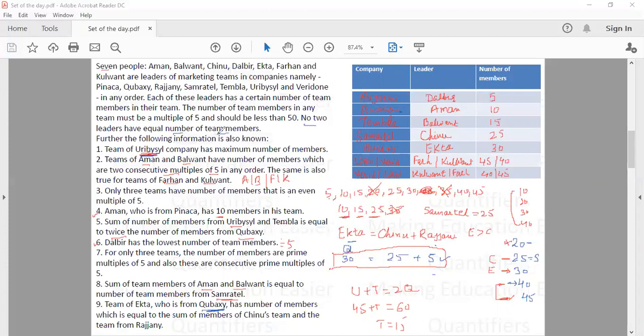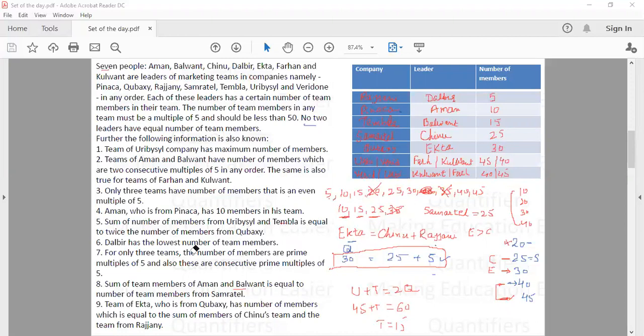I hope you understood how I solved this set. The important thing here was how to select the 7 multiples out of 9 multiples of 5, and how to give the number of members to the teams of Ekta, Chinu and Rajani, because that was the only point from where you can actually solve this set.